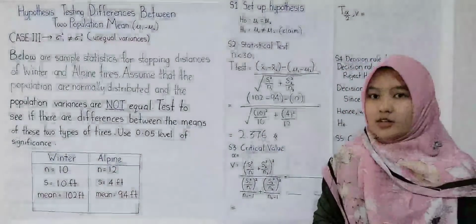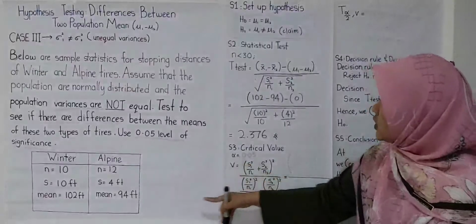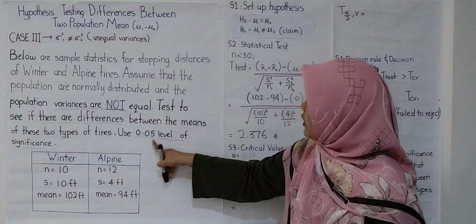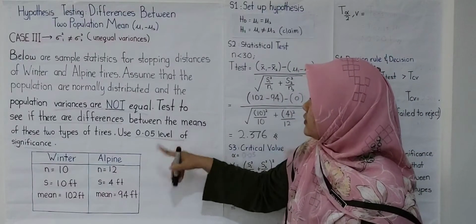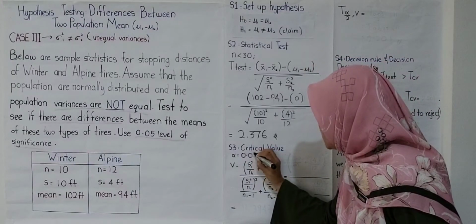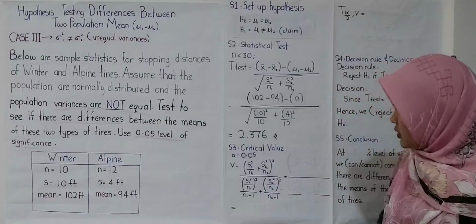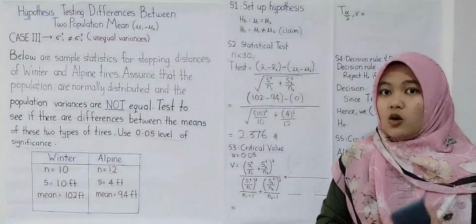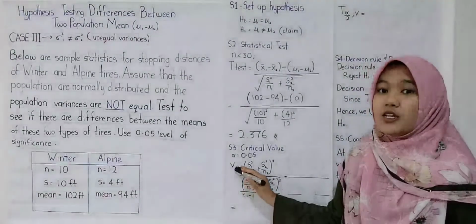Next we need to find the critical value. Alpha given is the 0.05 level of significance, so alpha is 0.05. Next we need to find v, also known as degrees of freedom.